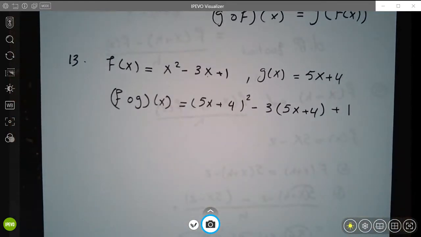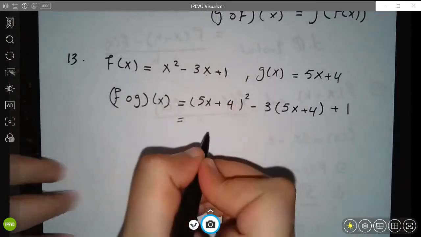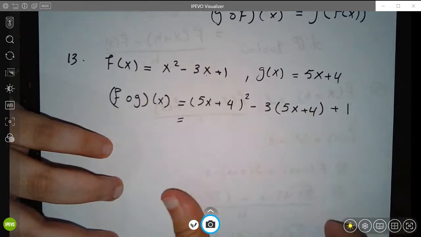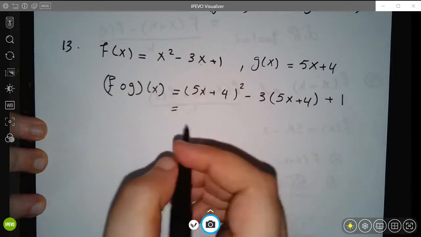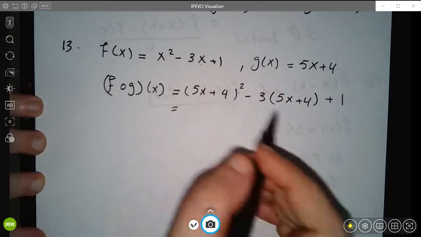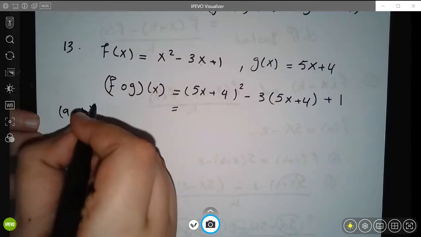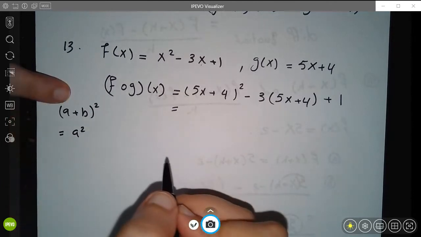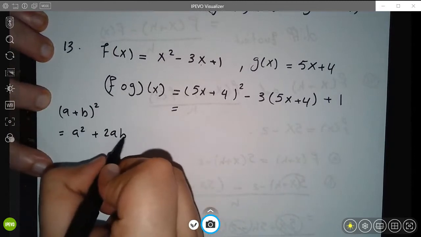Okay? So now we have one of them being squared. So that is what? 5x plus 4 times 5x plus 4. Now, here's a shorthand for when something is squared. I usually do it by hand in lecture because I want you guys to get used to the idea. But a shorthand is, when you have a plus b squared, this equals a squared, so you grab the first one, you square it, plus 2 times a times b.